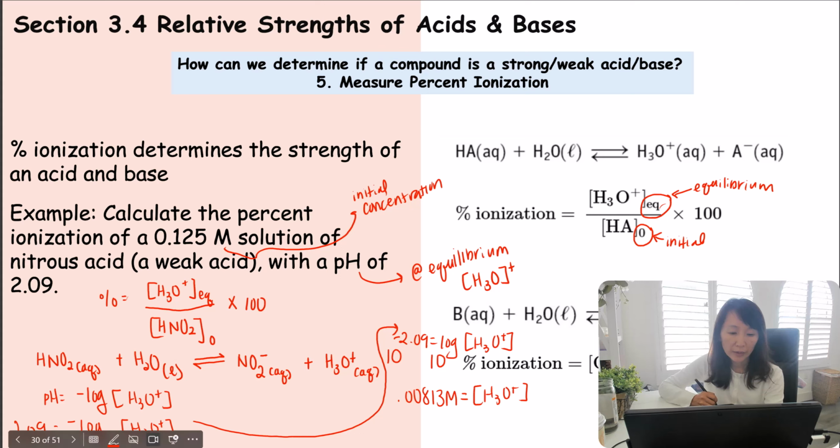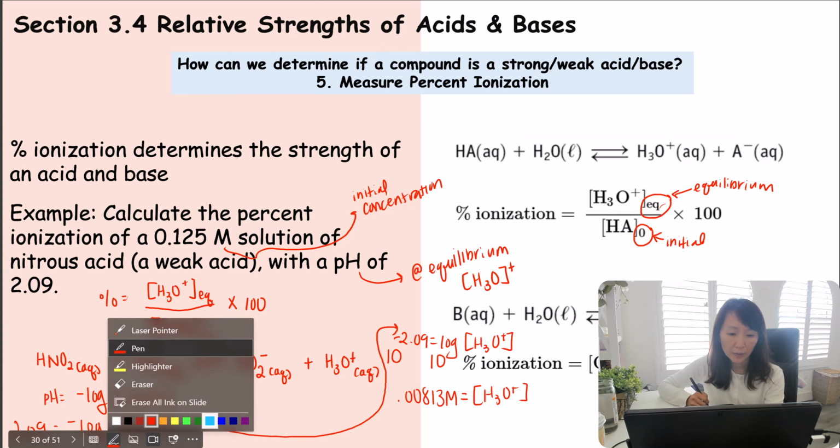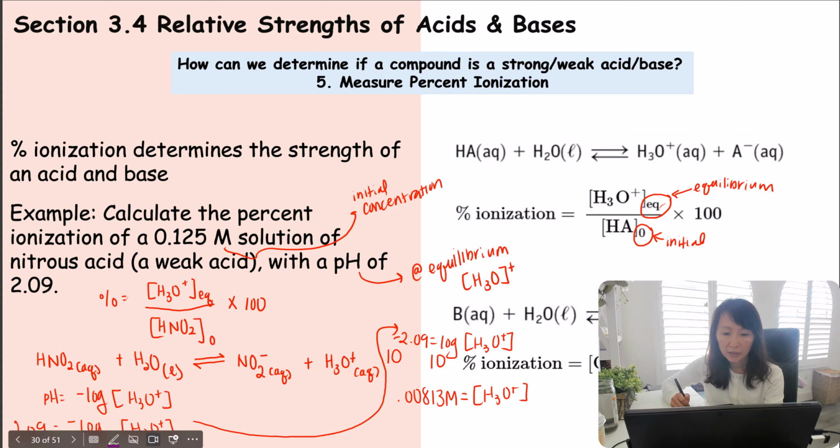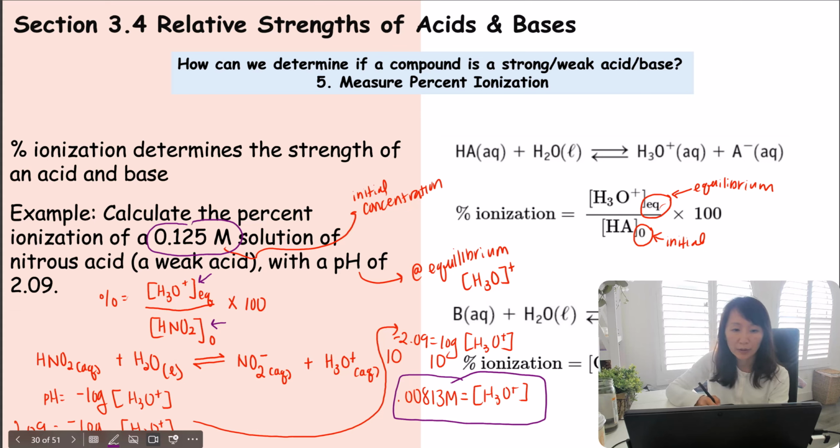So let me go ahead and change the color. This is the concentration of the hydronium ion, which goes here. And I have the initial concentration of the nitrous acid, which is right here. Since I don't have room, I'm going to write it up here.